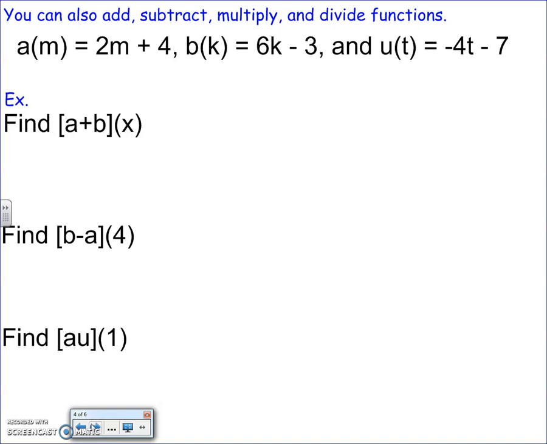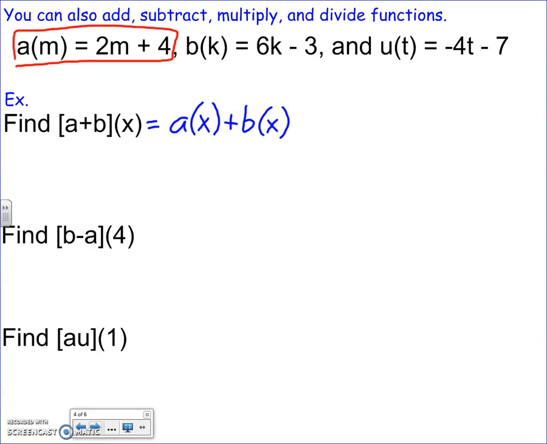All right, we can also add, subtract, multiply, and divide functions. So here, the first one is find a plus b of x. Well, whatever's in the parentheses, that's what you plug in. So this is going to turn into something very simple. It's going to turn into a of x plus b of x. So we should do both of these now. We're going to equation a and plug in x for the letter.